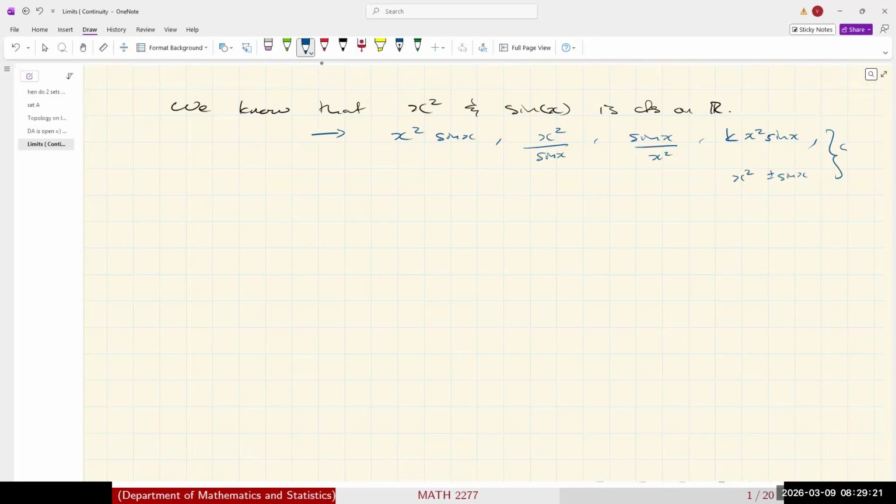All of these are continuous, right? We know that from that theorem. Is sine of x squared continuous?